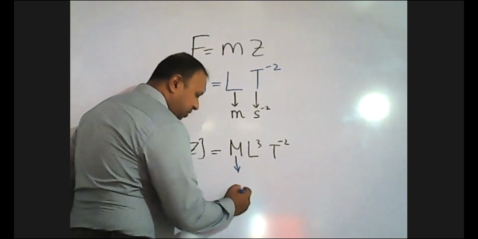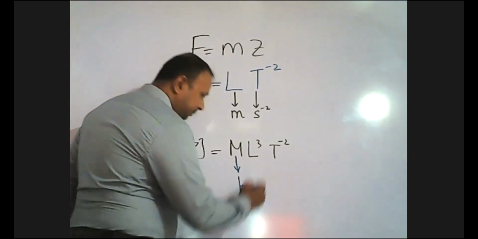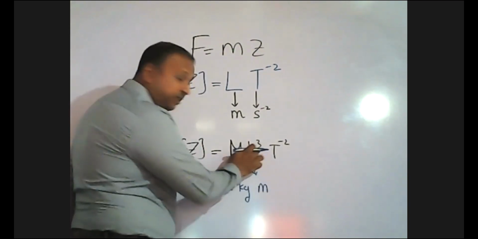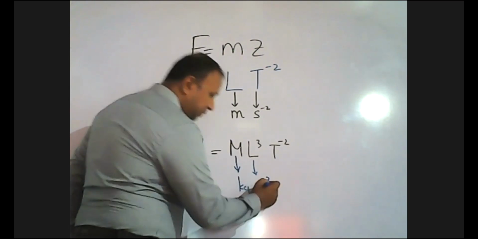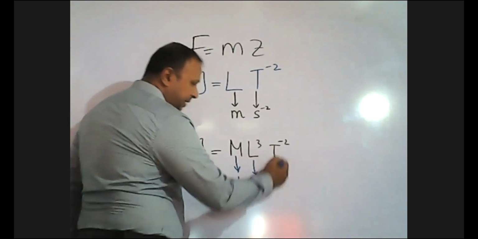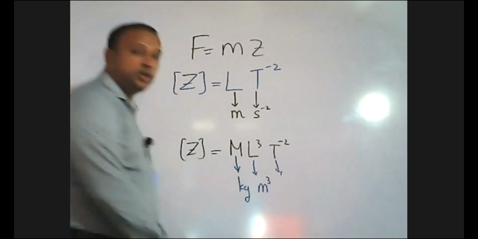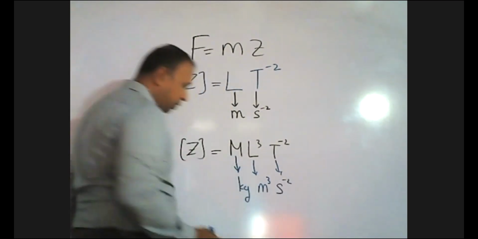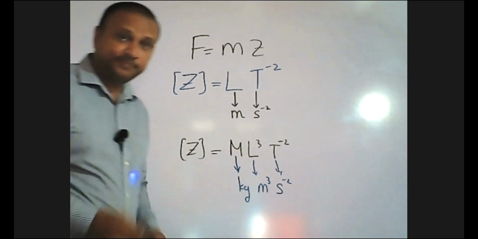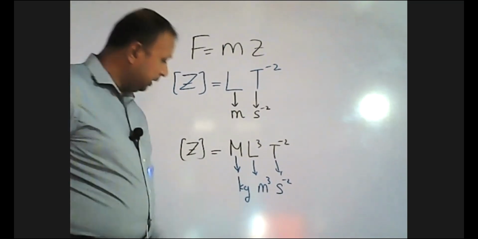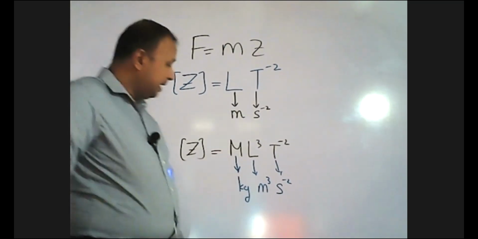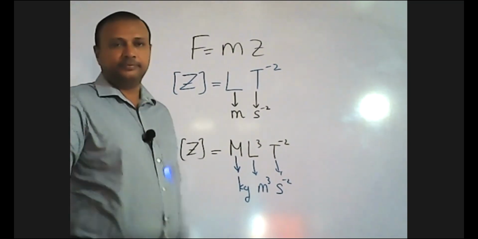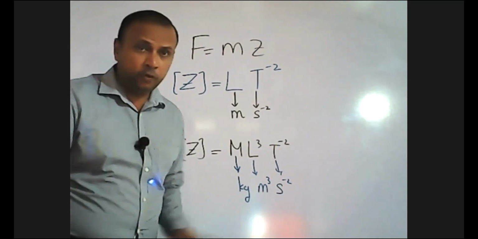Mass is measured by kilogram, length is measured by meter. There are three lengths, so m cubed. Then T is measured by second. So the SI unit of Z is kilogram m^3 s^-2. Do you understand how to do that?